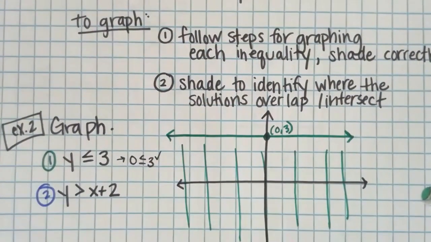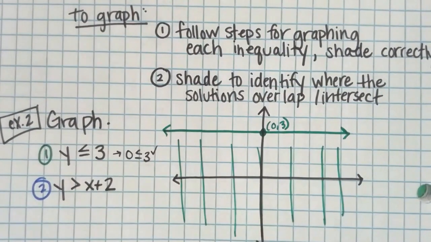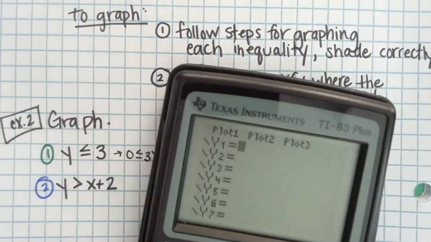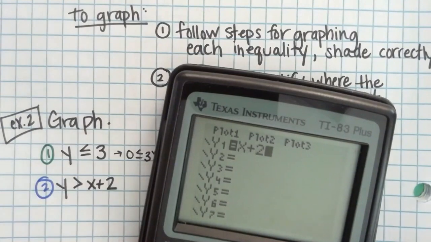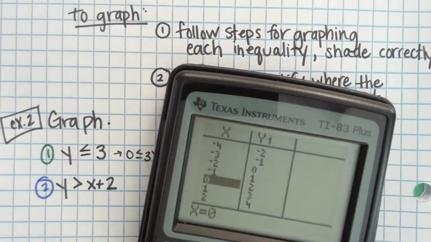And I'm going to use my calculator to help me draw this boundary line. Okay, I'm noticing that my inequality symbol is just greater than, so I'm going to remember that I need a dashed or dotted line. Let's check it out. So we'll do x plus 2, graph it, and then I will use my table to find some points.